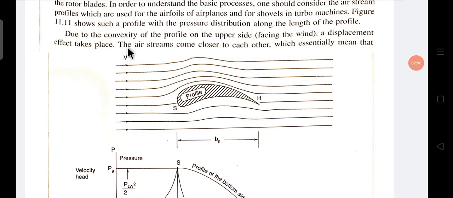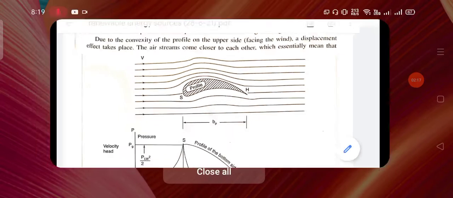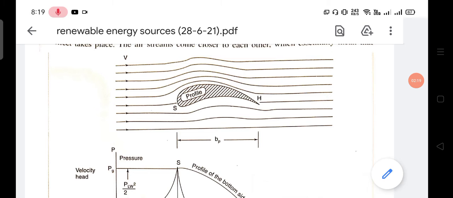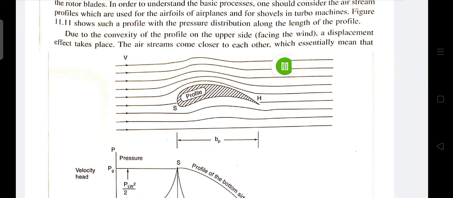Due to the convexity of the profile, this is the convex side, the upper side facing the wind, a displacement effect takes place.